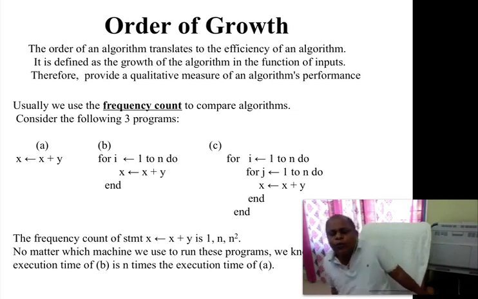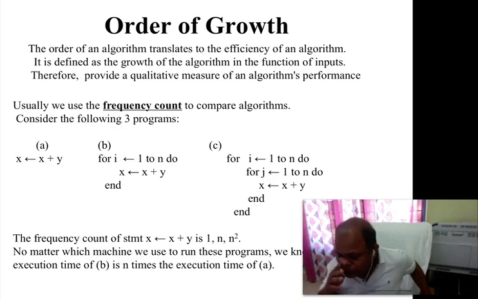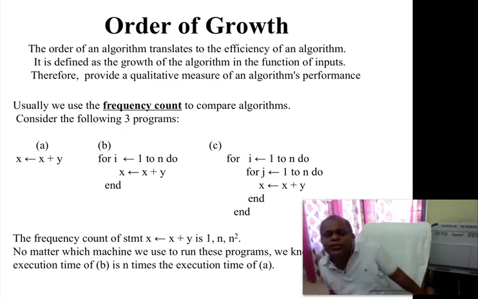Now, order of growth. The question is, what is asymptotic notation? Asymptotic notation is nothing but the behavior of the algorithm as the size of the input increases.